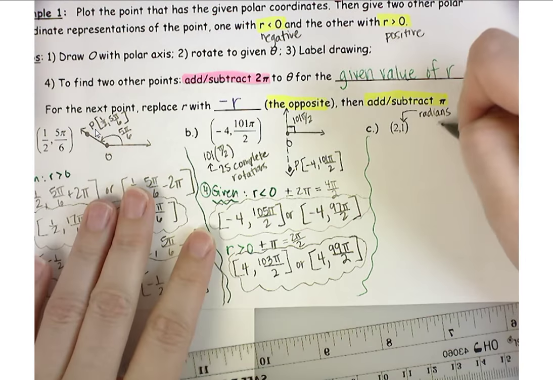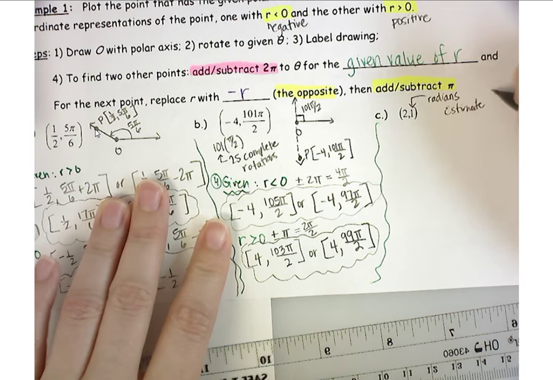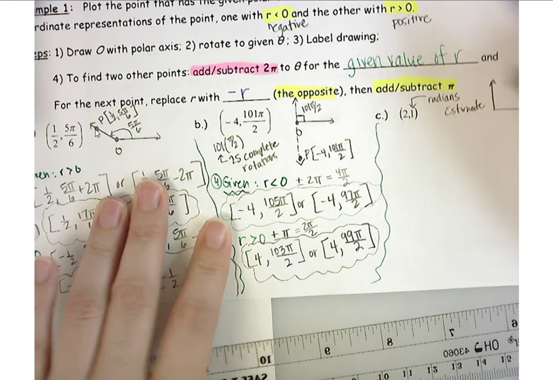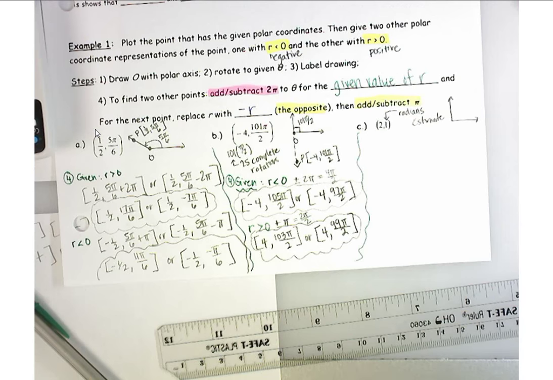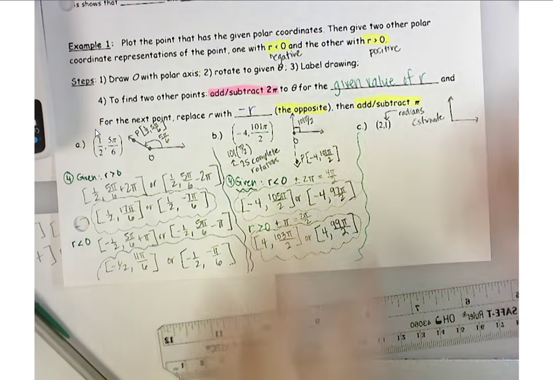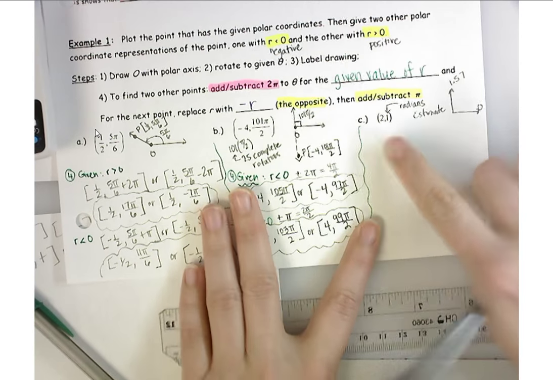So I want you to think about this when you estimate. Don't I know what radian value is a 90-degree angle as a decimal? Yeah, 1.57, right? Because it's half of pi. All right, so I know that this has to be in quadrant 1.